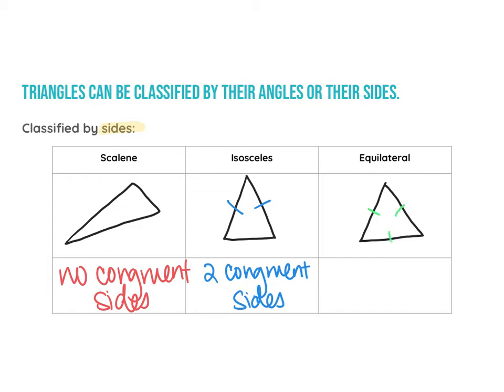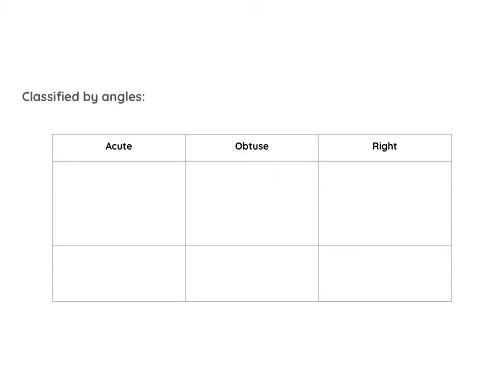All three of these sides are going to be the same. Okay, so if we're talking about sides, we have scalene, which is no congruent sides. We have isosceles, which is two congruent sides. And we have equilateral, which is three congruent sides.